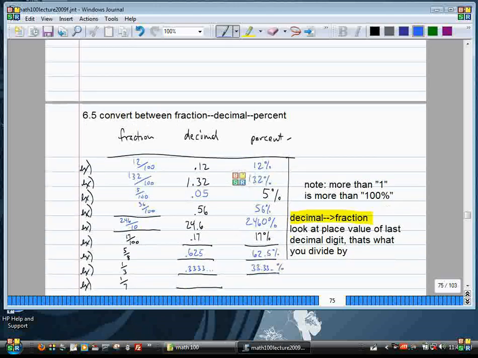Then there's 1/7. 1/7 is a lot of fun. As a decimal, it is 0.1428357. Oh, there's no 3? It's just 28. It's 2857?